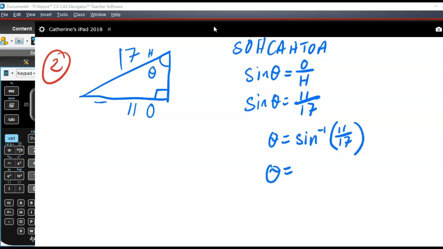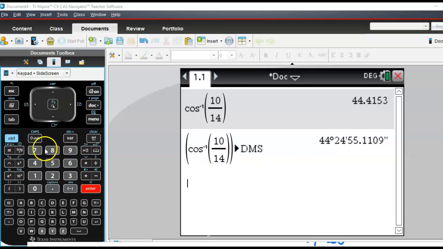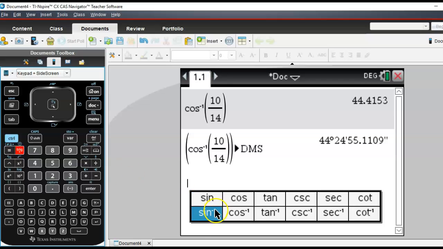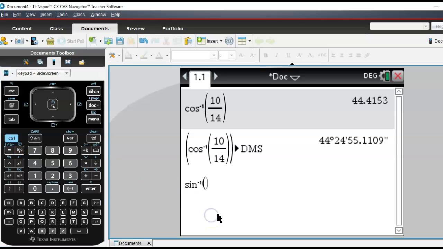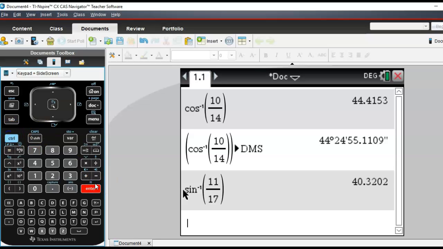Theta equals, so trig, inverse sine. Now please note I'm saying sine, not sin. Okay, that is number one. You have to please be pronouncing it correctly. It's sine, not sin.